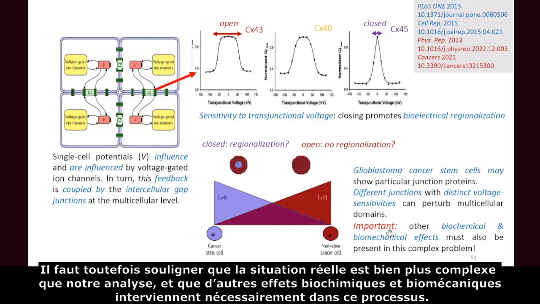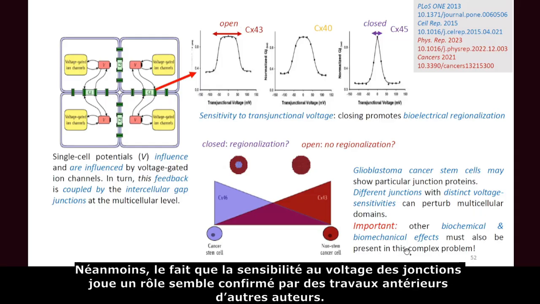Note that this case is very complex, far more complex than our analysis, and clearly other biochemical and biomechanical effects must also be present in this process. But the fact is that the voltage sensitivity of the junction seems to play some role, as explained in this previous article by other authors.